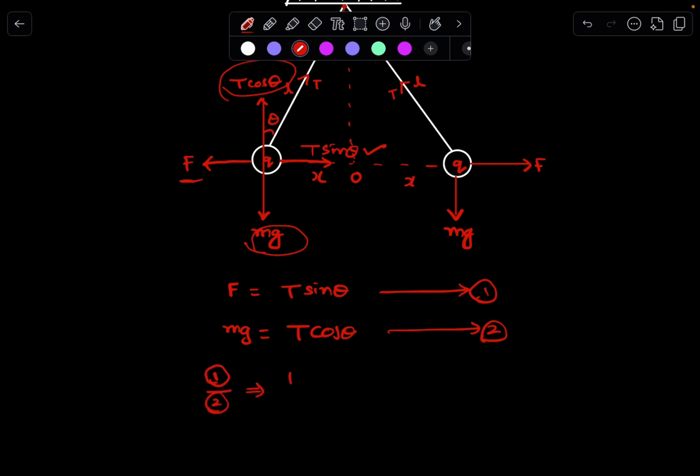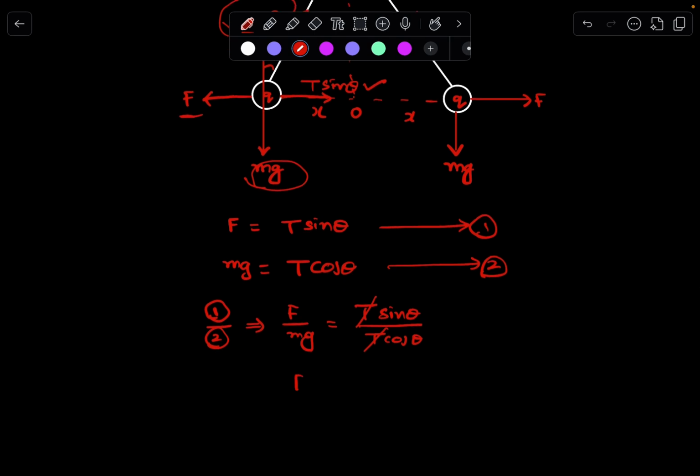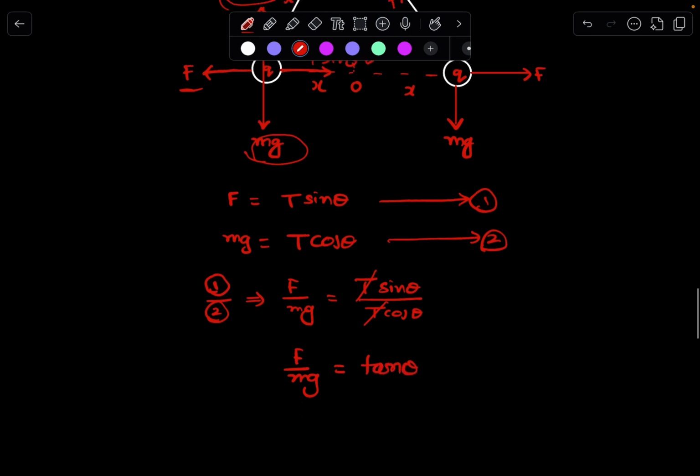That means F by mg is equal to T sin theta by T cos theta. T cancels. Finally, F by mg is equal to sin theta by cos theta, which is tan theta.